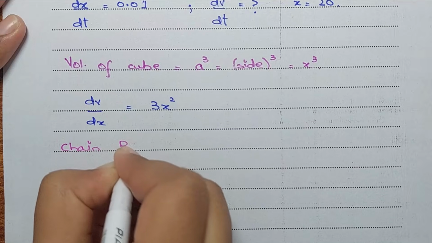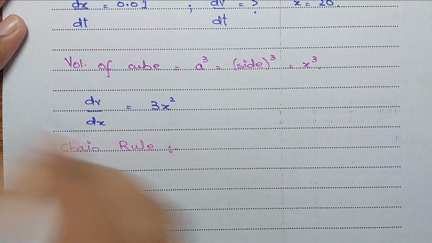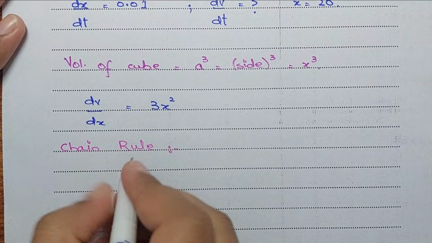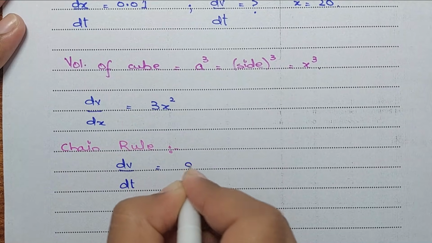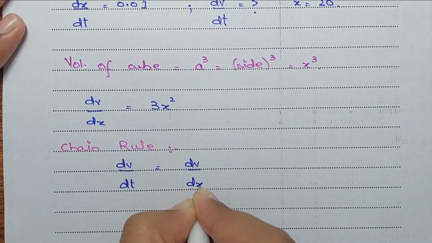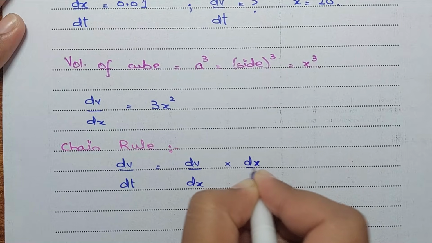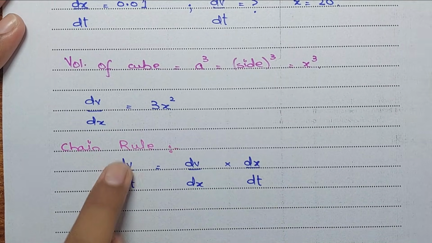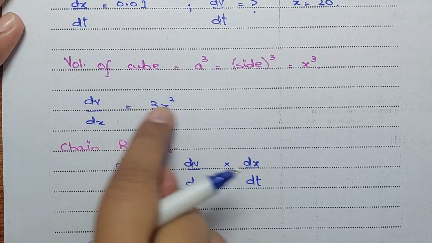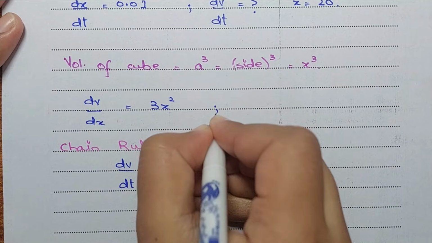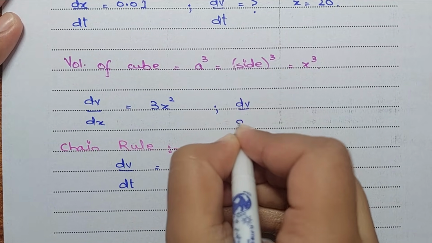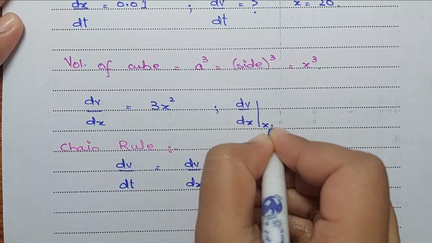According to the chain rule, dV over dt equals dV over dx multiplied by dx over dt. Both are given, right? Now we need to figure out dV over dx when x equals 20.